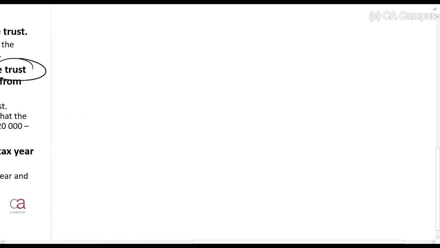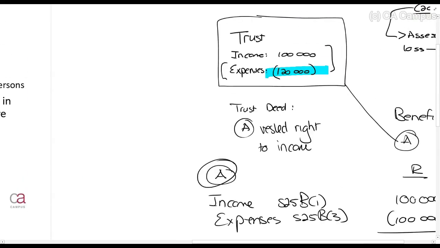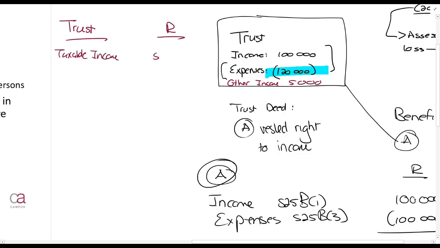What I mean by that is, assume this trust had other income of 5,000 rand. So this is the trust, its own little tax calculation. It has taxable income of 5,000 rand, which is the amount that the trust should be taxed on.